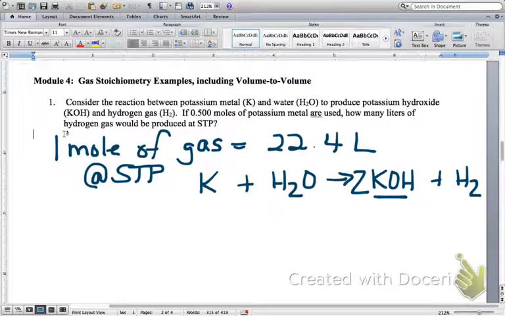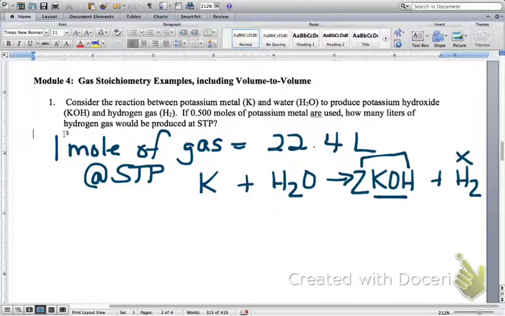So that now the number of hydrogens on that side is going to be even. We now have 2 hydrogens in KOH and another 2 hydrogens in H2. So what is the total number of hydrogens on the right side now? 2 times 2, or 2 plus 2, that's 4.